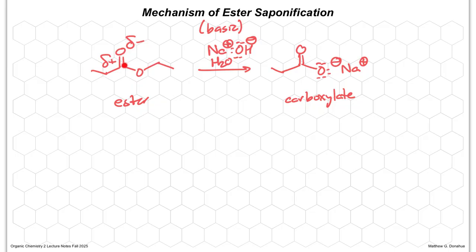So with our carbonyl reactivity, we have a delta positive carbon. We have hydroxide bearing a negative charge. At this point, if we don't activate the carbonyl, it just gets attacked. So negative attacks there, we break the pi bond.